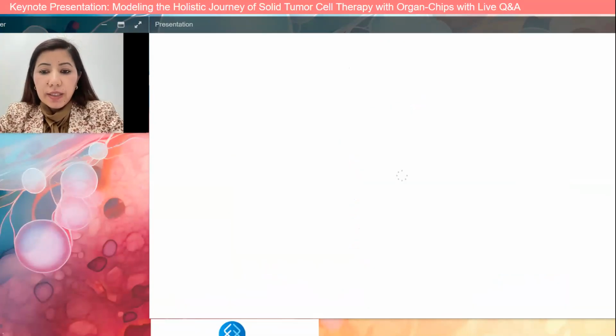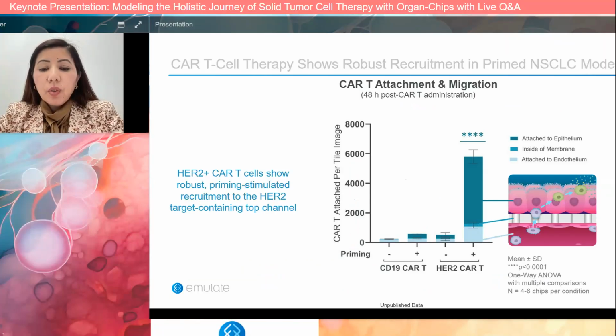Now, let's look at the data. You can create these stacked bar graphs. Shown here in the light blue is all the CAR Ts that got attached in the bottom channel. The lighter blue is the CAR Ts that are inside the membrane. And then on top of the channel are the ones shown here with the darker blue.